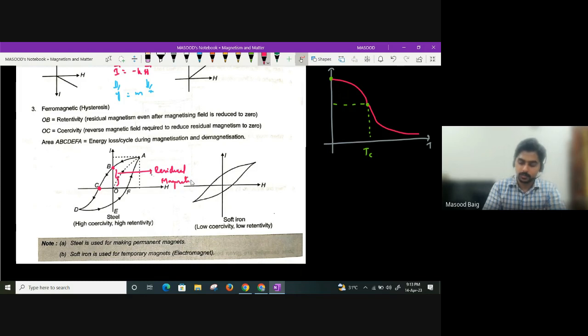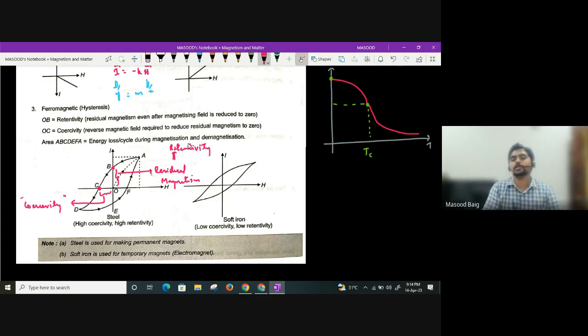Is that clear? Now, if I want to remove this residual magnetism, I am going to apply a reverse magnetic field, guys. So this particular magnetic field will be called coercivity, guys. This residual magnetism is basically called retentivity.